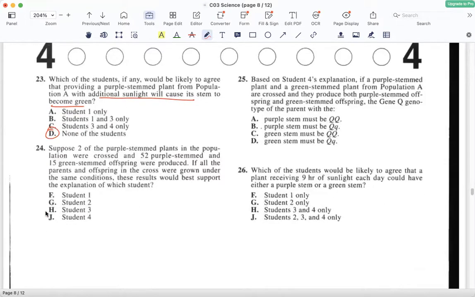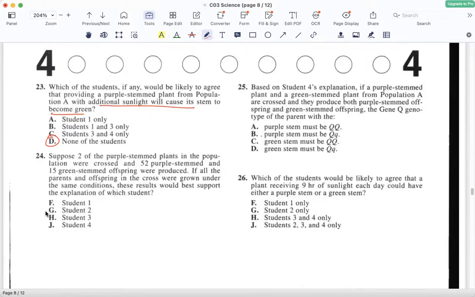Suppose 2 of the purple-stemmed plants in the population were crossed and 52 purple-stemmed plants and 15 green-stemmed offspring were produced. If all the parents and offspring in the cross were grown under the same conditions, these results would best support the explanation of which student? 52 and 15, right?